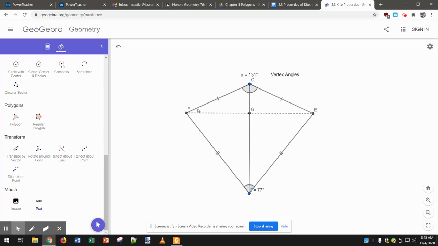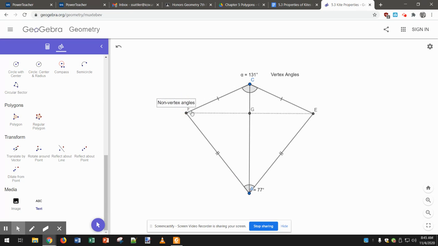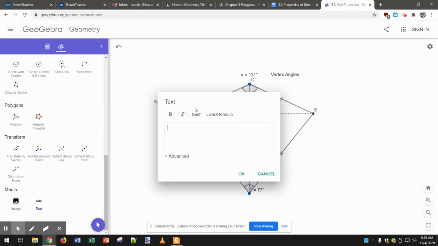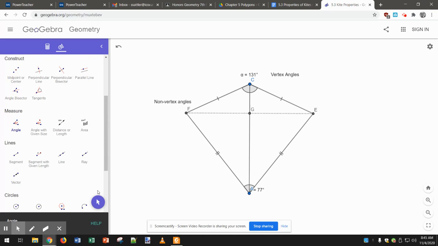But if we measure the non-vertex angles, so these are called non-vertex angles. So angle F and angle E, the non-vertex angles. If we measure those, what do we notice?